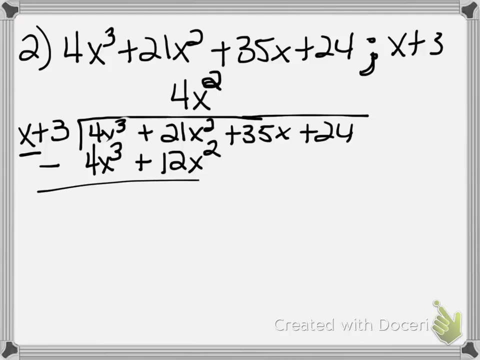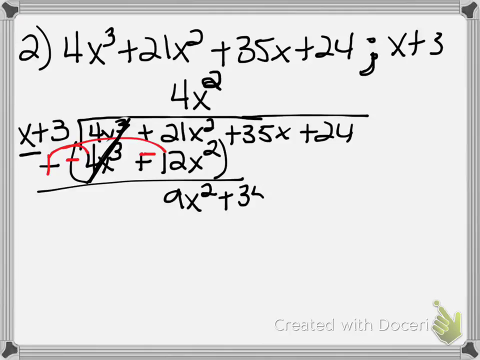So now I'm going to subtract this, and I'm going to distribute the negative. So with that, 4x cubed plus negative 4x cubed eliminates. And then I have 21x squared plus negative 12x squared, which gives me 9x squared.